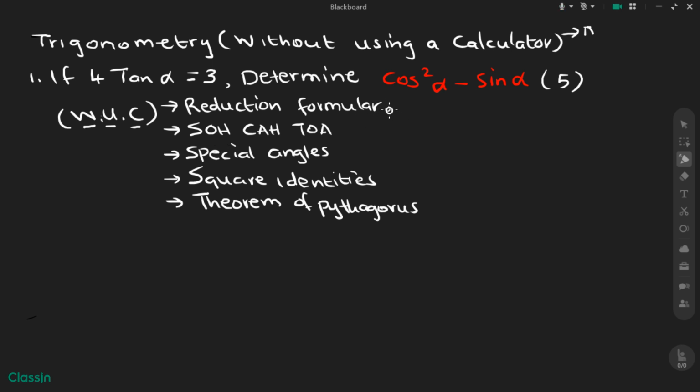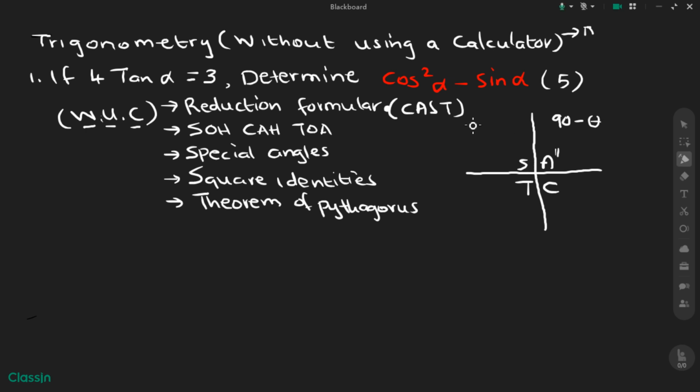Now, the reduction formula. You have a Cartesian plane, you have CAST. In the first quadrant, all ratios are positive, and we get 90 minus theta.